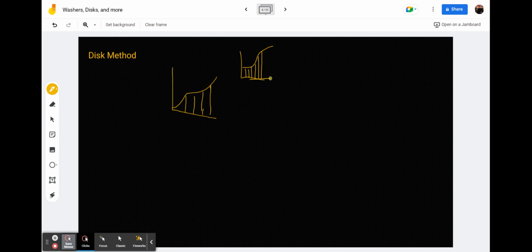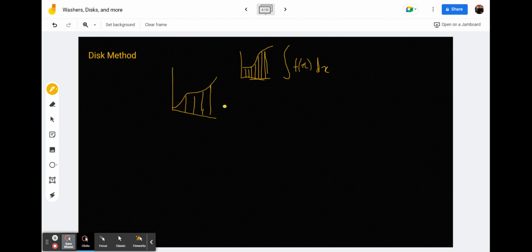And we found that the height would be f of x, the width would be d of x, or dx, a very thin width, and we summed all of them up, and we call that our integral, which would give us the area.